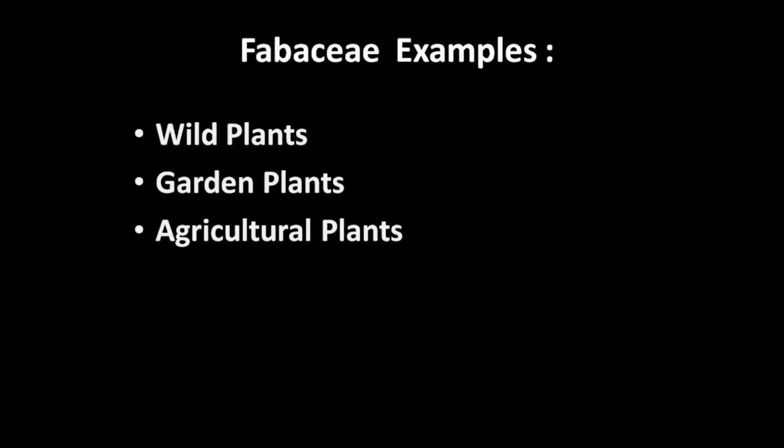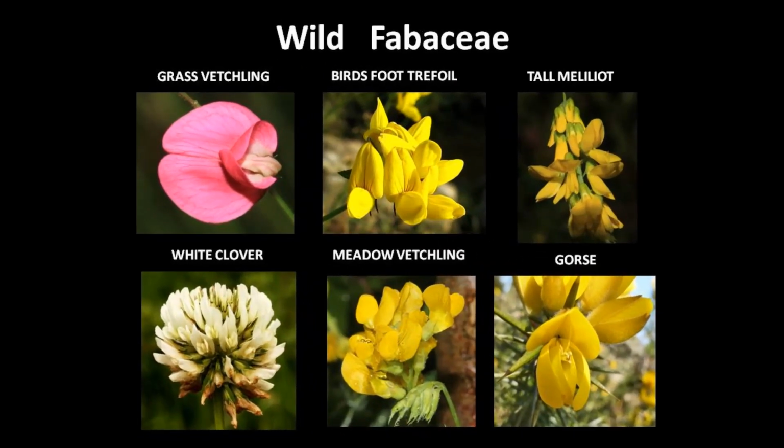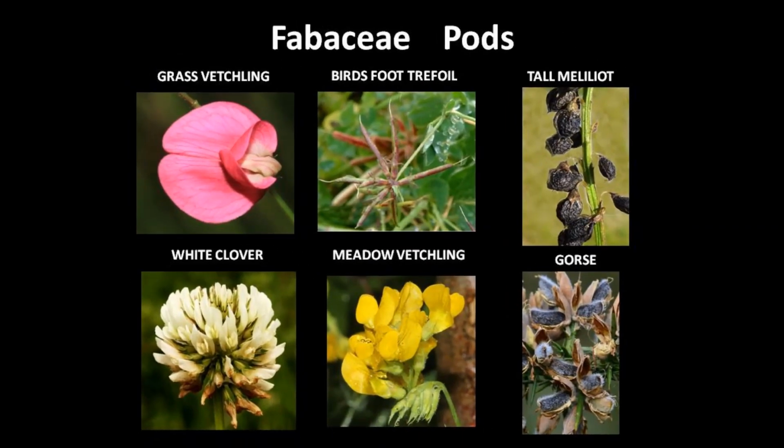So let's take a look at the range of categories in which the Fabaceae present, starting with wild plants, garden plants and agricultural crops. In this compilation we catch a glimpse of the fruits, seed pods and seeds, which very often can give us clues to differential identities in closely related plants.